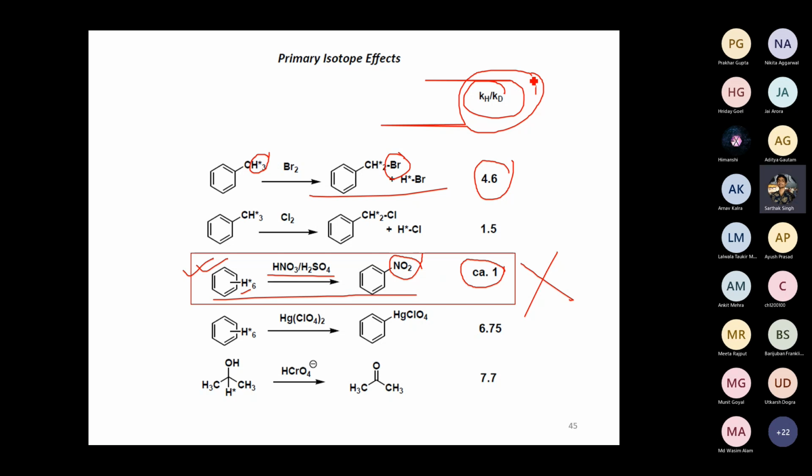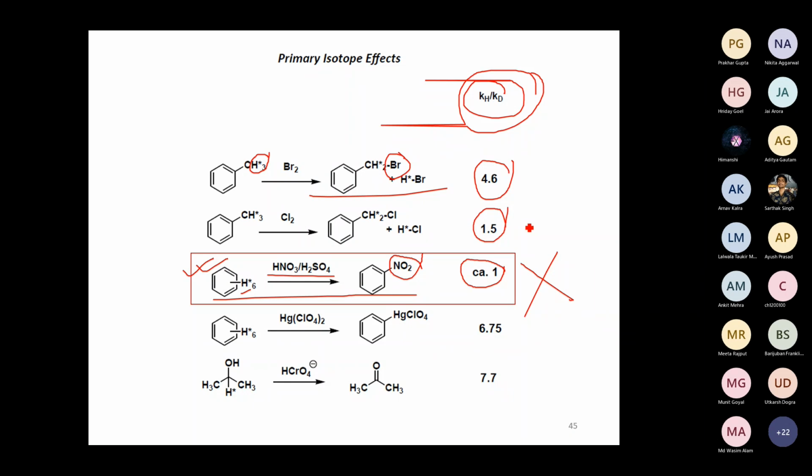When it's 1.5, is it primary or secondary? Second example, when it's 1.5. So it will be the primary. But can we say that every time? Look, it is not a hard and fast rule.